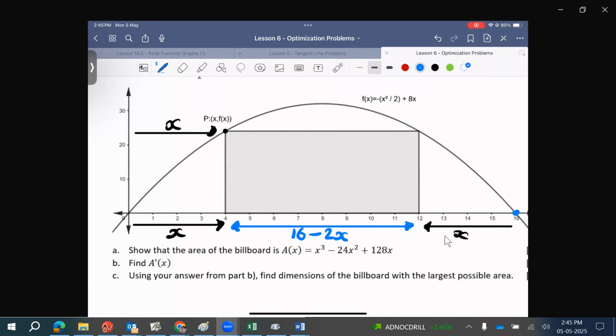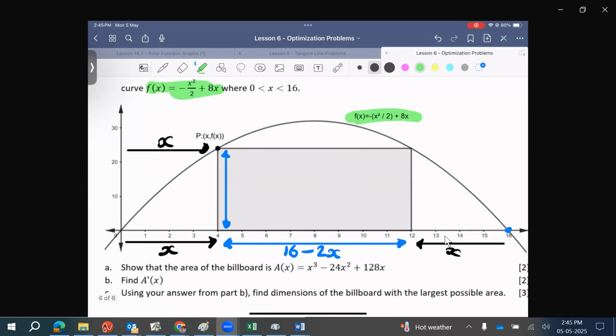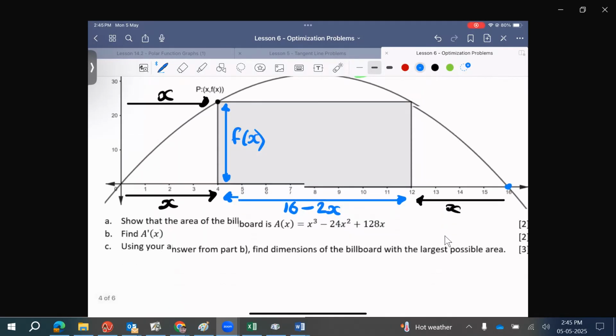We need the height here in this direction. Well, the height here is simply given by the function f of x that we see here. I think it's given more clearly here in the question. So this length here is going to be f of x. Whatever our x is, we can put that in.